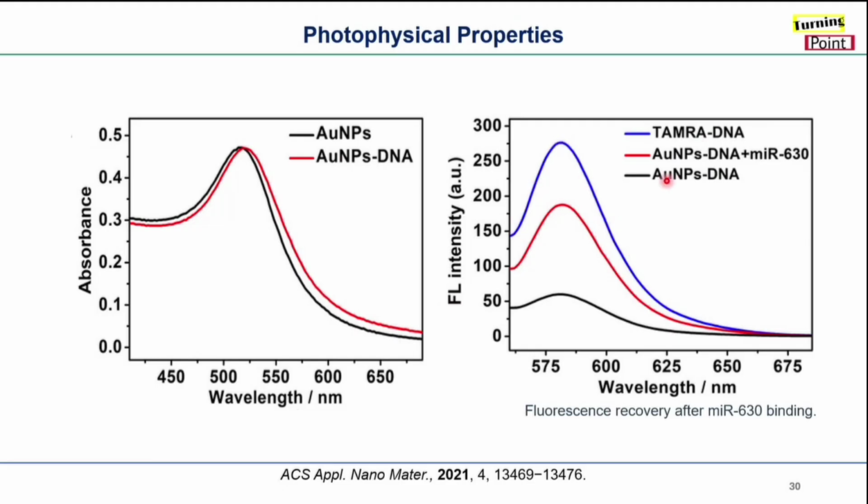When it is attached to the gold nanoparticle, you can observe complete quenching of the dye due to the nanosurface energy transfer technique. And during apoptosis, the microRNA concentration increases, so the gold nanoparticle moves away from the dye, and we can see the recovery of the fluorescence.